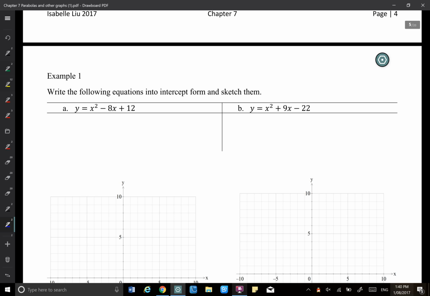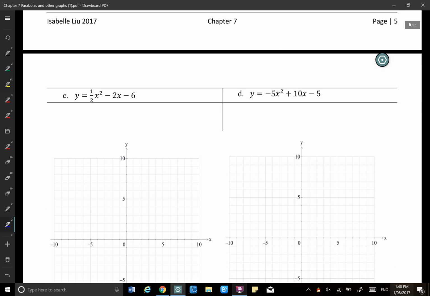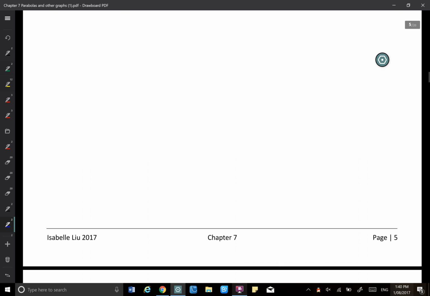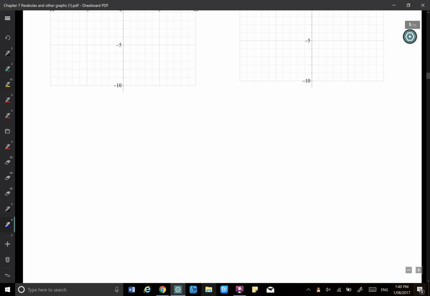I want you to factorize page 5 and page 6 by cross multiplication, or any method you like. What does factorize mean? Two linear factors times together.